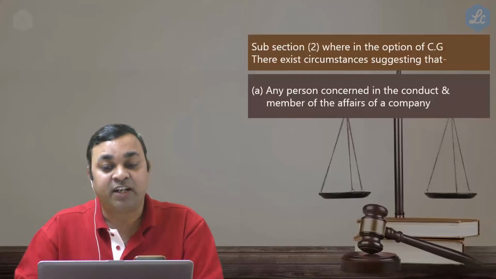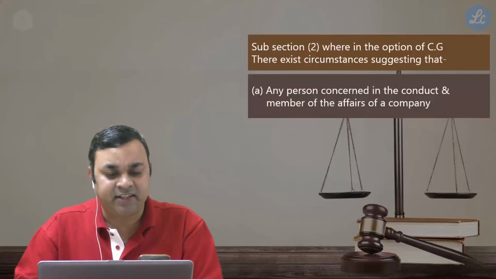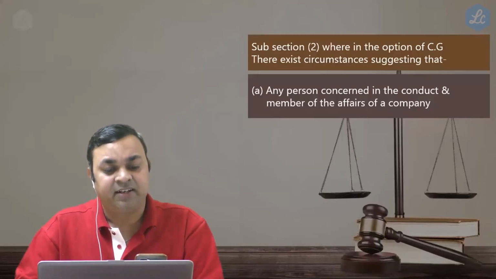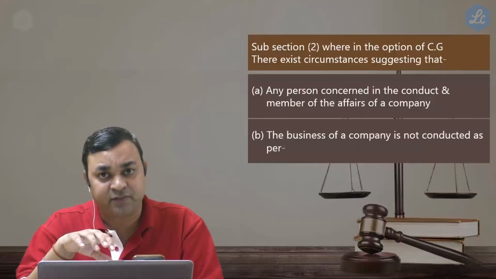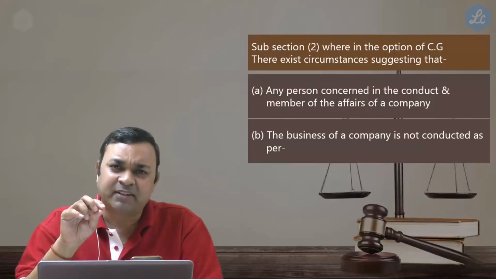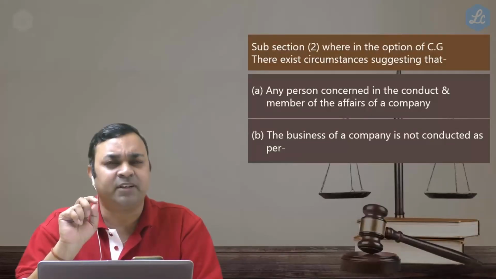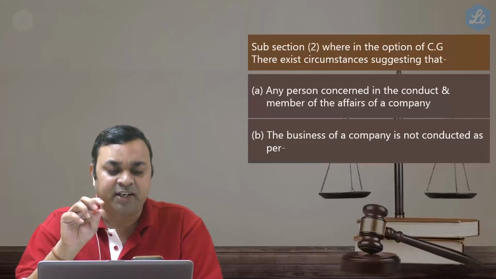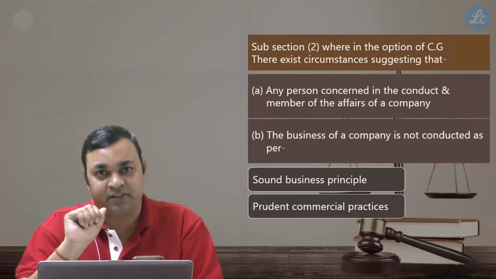First point: what are the circumstances? Any person concerned in the conduct or management of the affairs of the company is doing the business of the company not on sound business principles. He is not following prudent business activity. What can a normal person do?